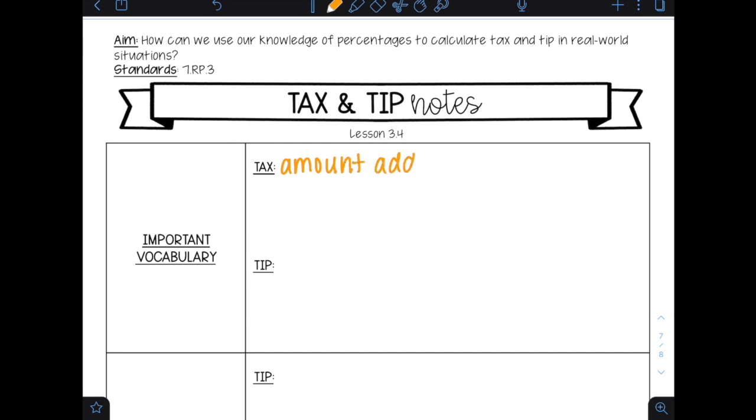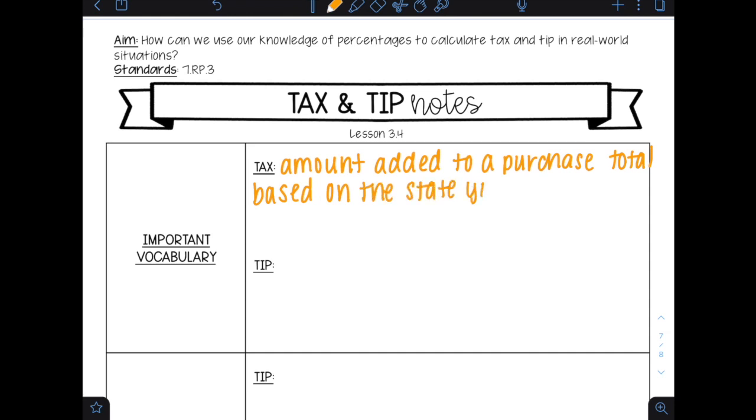So for taxes, this is the amount that's added to a purchase total based on the state you are in.